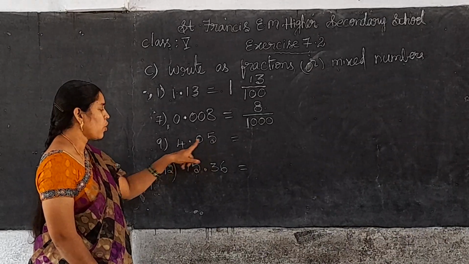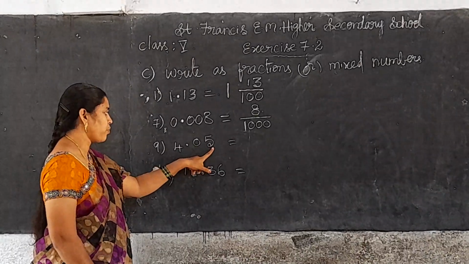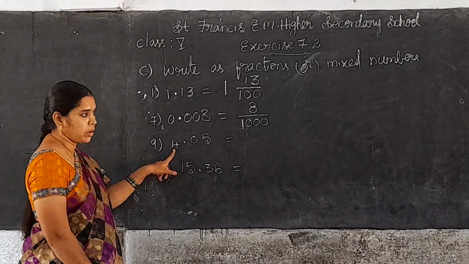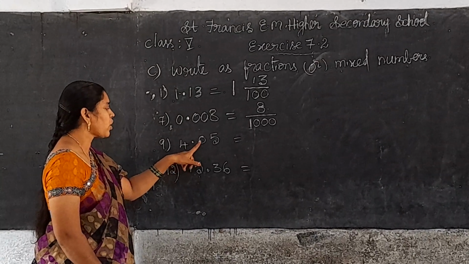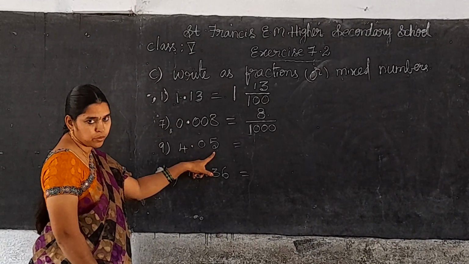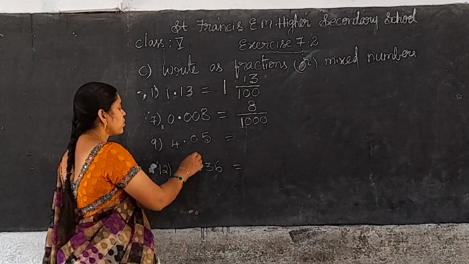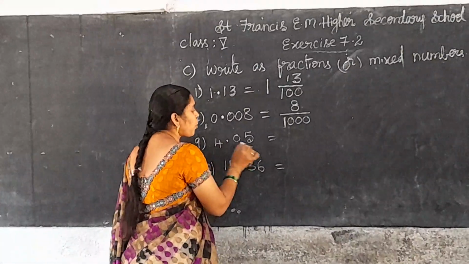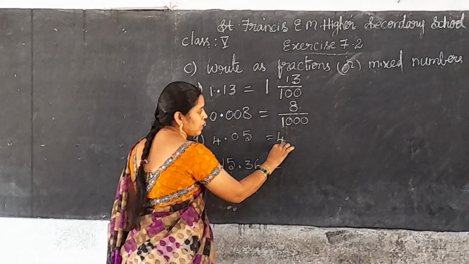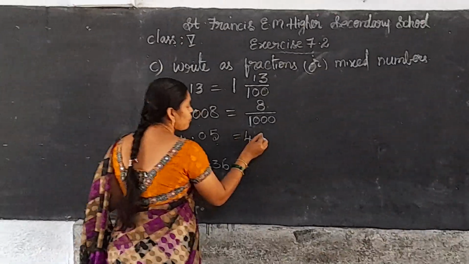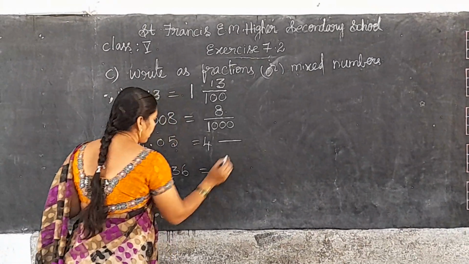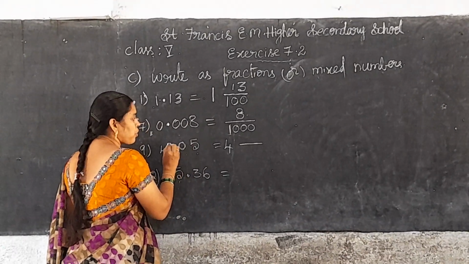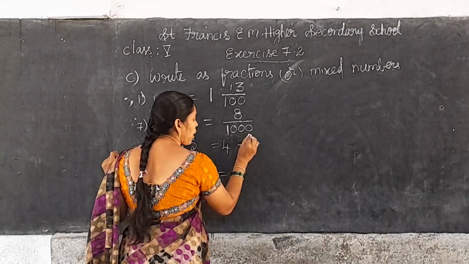Now next one, 4.05. 4 is a whole number. After the point, 05 is the decimal number. 4 you should write aside. In the middle you should draw the fraction bar. 05 means here 5.